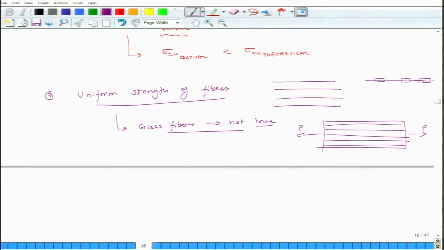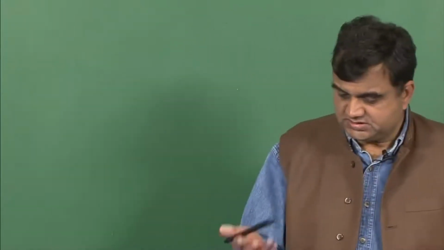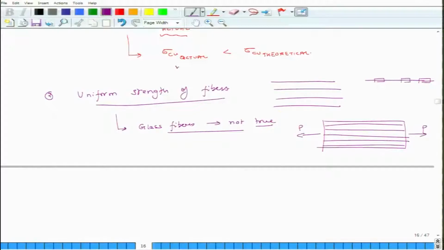So, at earlier loads compared to what we calculate theoretically, some fibers break and transfer load to other fibers, and these fibers develop higher stresses than theoretically predicted. If you keep on pulling further, they may also fail earlier, because in reality they are taking more load than they were supposed to. Again, sigma Cu actual may be less than sigma Cu theoretical. This is the second assumption which we had made.